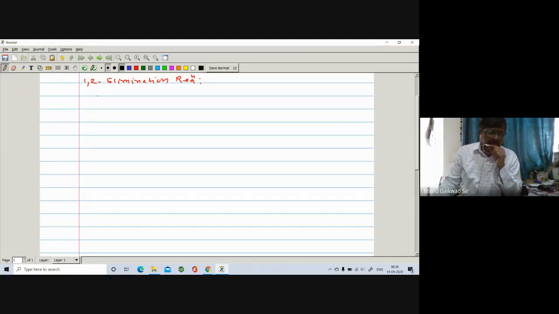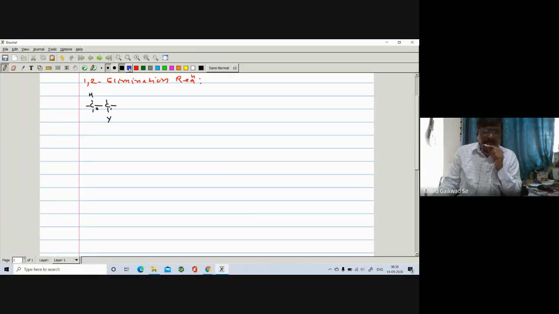So suppose you are having such a type of substrate. There is a carbon-carbon single bond; suppose this is carbon number 1, and there is carbon number 2. On carbon number 1, there is a group, in general say Y, and there is a hydrogen on carbon number 2.